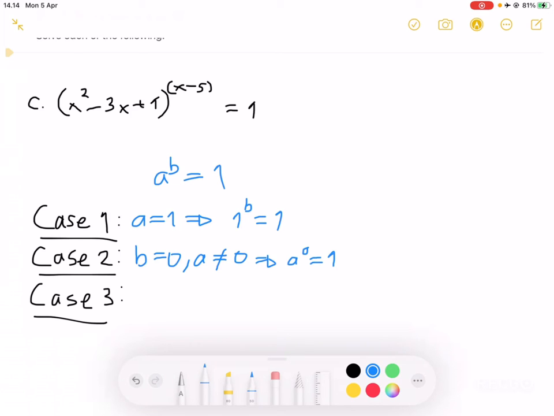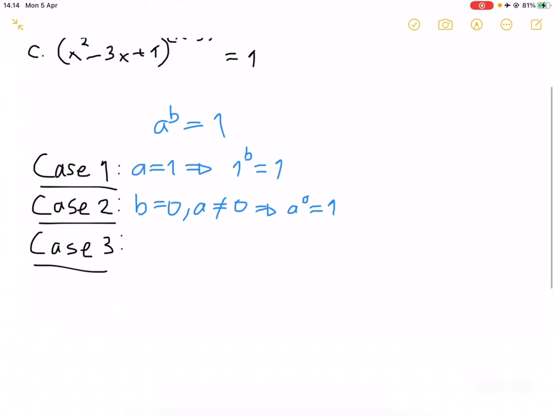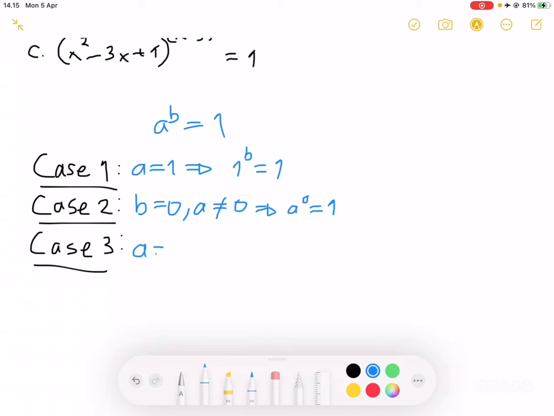Case 3 is a bit uncommon, but it gives us a special solution that is often missed by calculators such as Wolfram Alpha. That is the case where the base is negative 1 and the exponent is even. Perhaps write b as 2k, where k is an integer. So that will be negative 1 to the 2k is equal to 1.